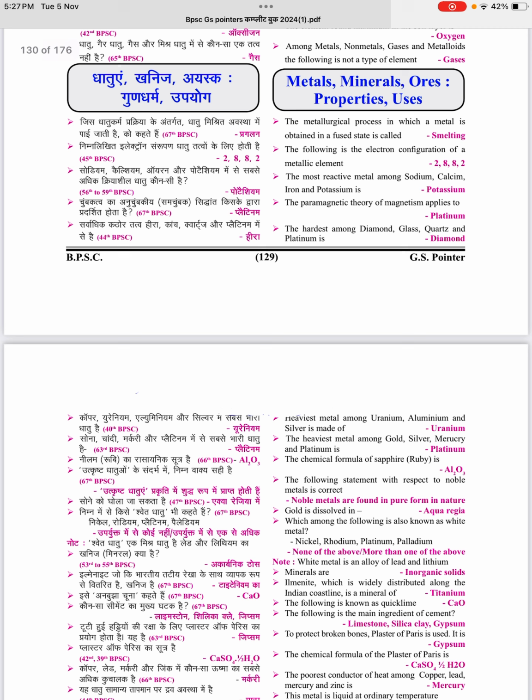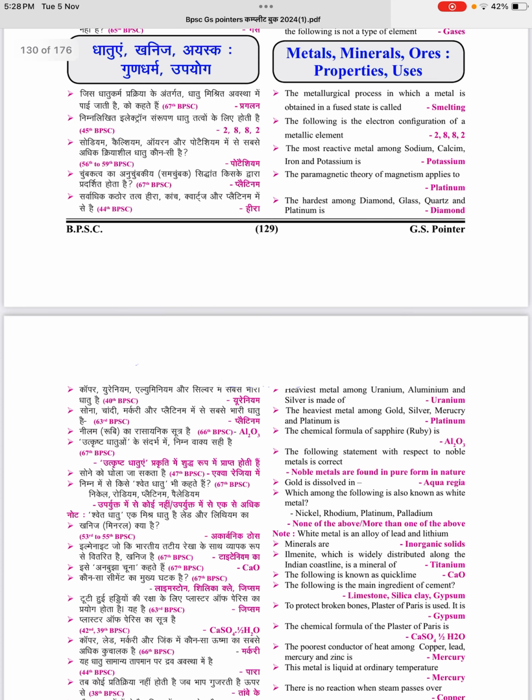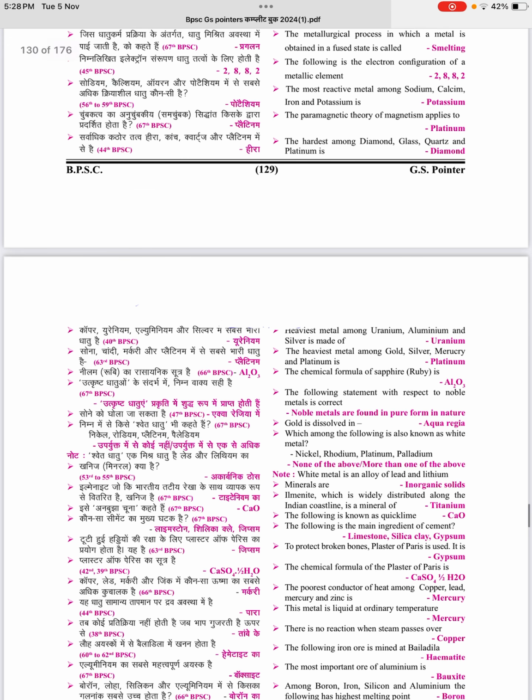Metals, minerals, ores, properties, uses. The metallurgical process in which a metal is obtained in a fused state is called smelting. The following is the electronic configuration of a metallic element: 2, 8, 8, 2. The most reactive metal among sodium, calcium, iron and potassium is potassium.